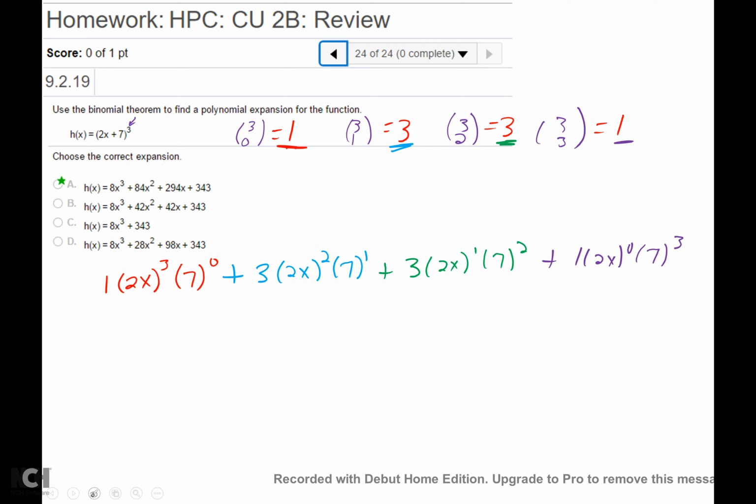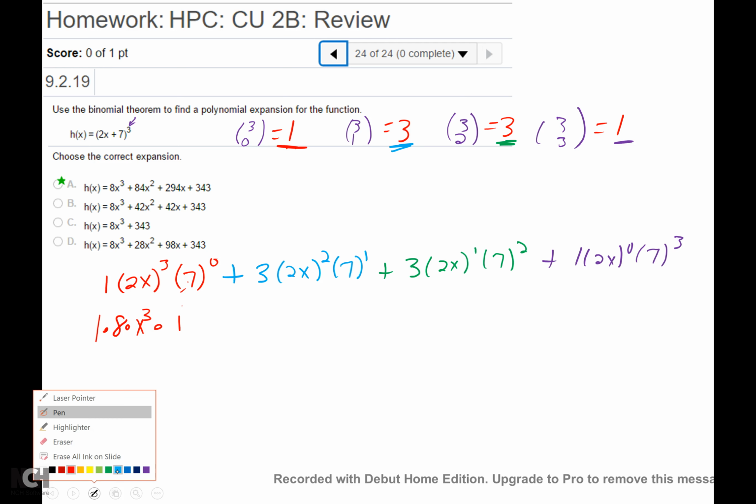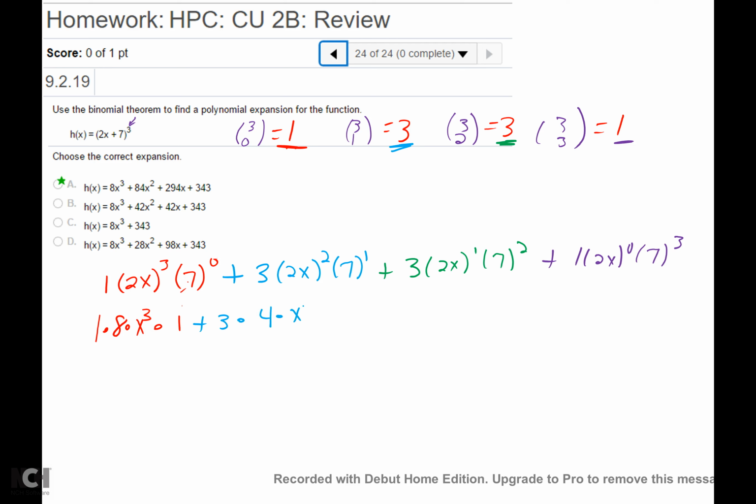Okay, so if I clean this mess up, I'm going to have 1 times 8 times x cubed times 1. Anything to the 0 degree is 1. Plus 3 times 4 times x squared times 7. Sorry, I guess I should explain. 2 cubed is 8. 2 squared is 4.